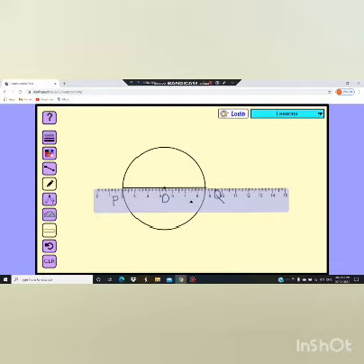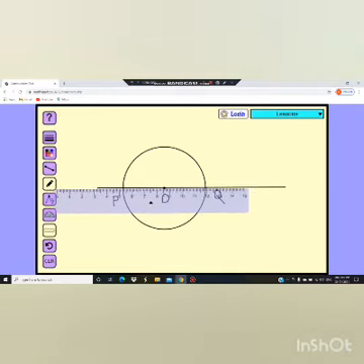So same way, extend it and put the arrows on both the sides. Same way, how we drew for the one point, through the P we have to draw one tangent, and through the Q we have to draw the tangent.